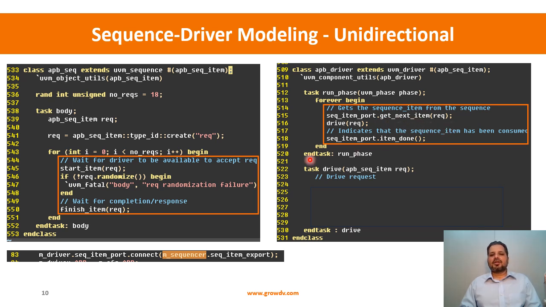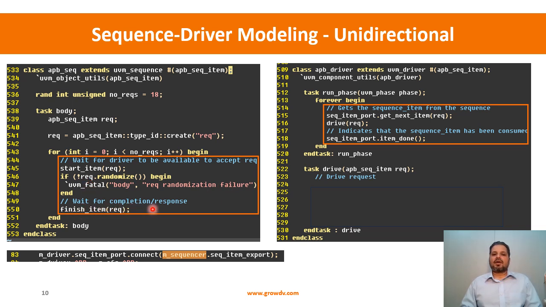When that happens, after line 515 executes, line 545, which was blocked if at all it was blocked prior, gets unblocked, and then we call request dot randomize, and if it fails we flag the error. Then we call finish item with the same handle.